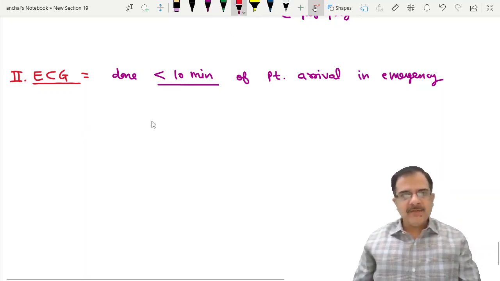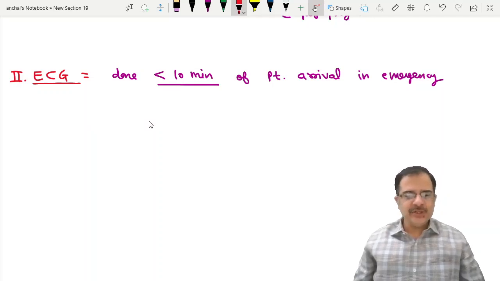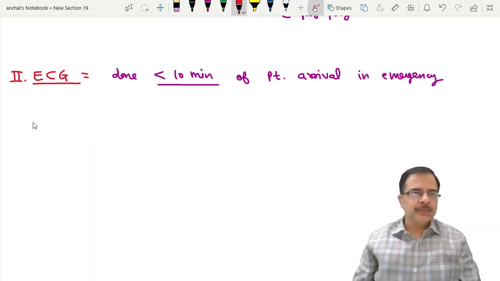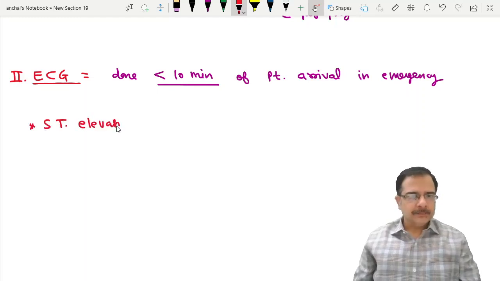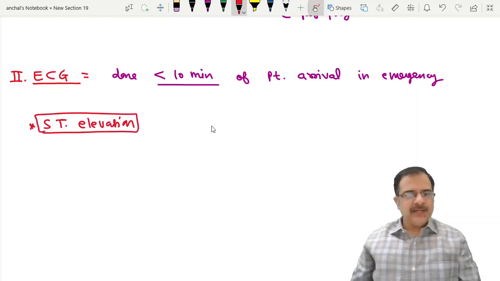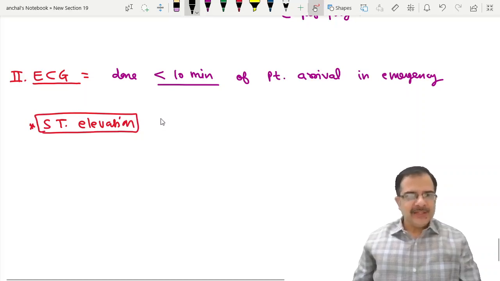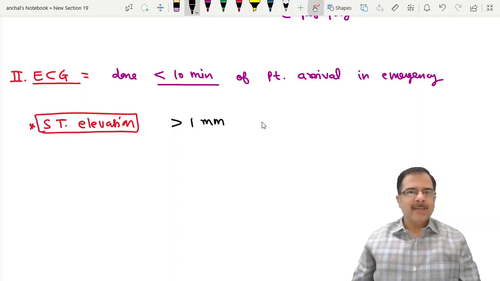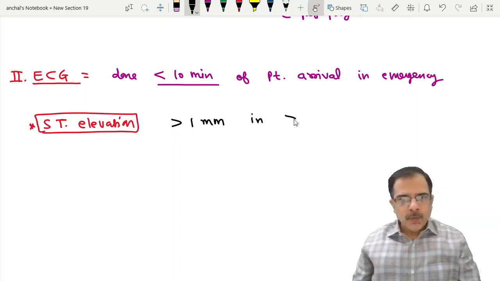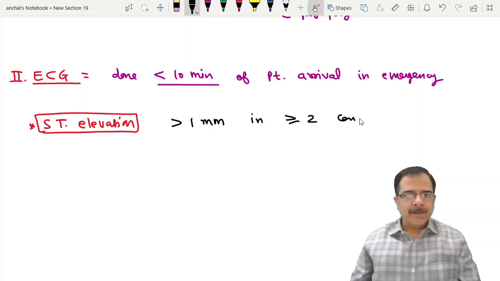So the criteria for a significant ST change in the ECG: we will look for the ST elevation. ST elevation significance and how it is assessed: ST elevation of more than 1 mm in more than or equal to 2 contiguous ECG leads.